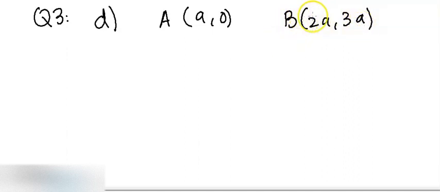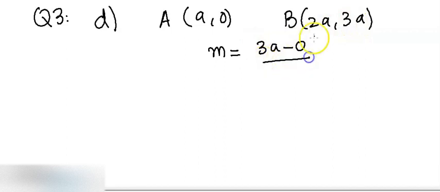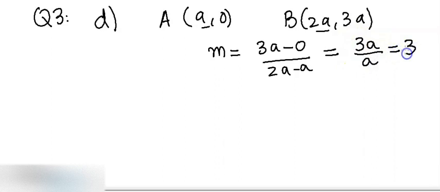Because we are given 2 points, we are in case 2 of the previous video. So we need to calculate the slope first, and slope is y2 minus y1, this is 3a minus 0, divided by x2 minus x1, which is 2a minus a, and what we get is 3a over a, which is basically 3.